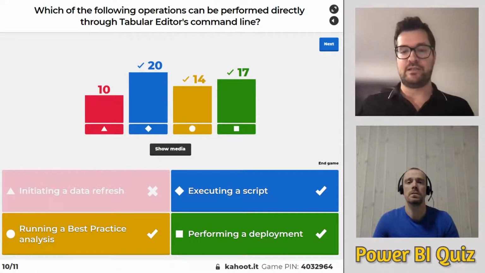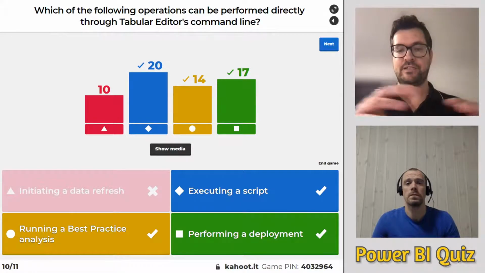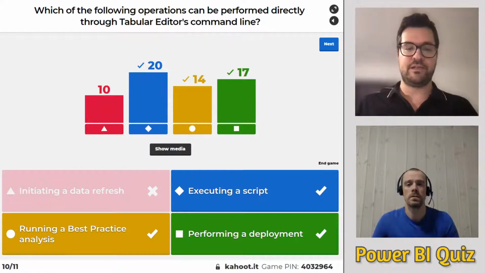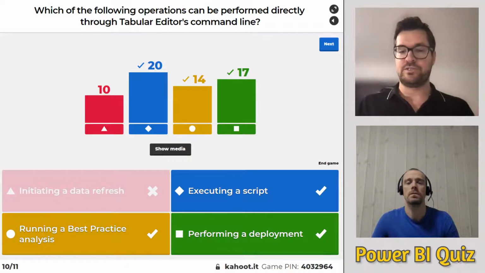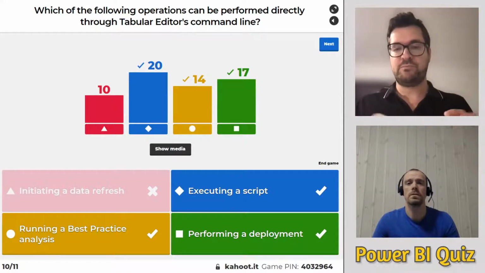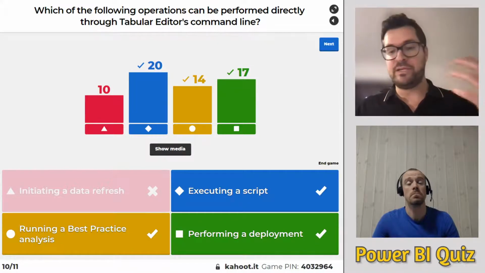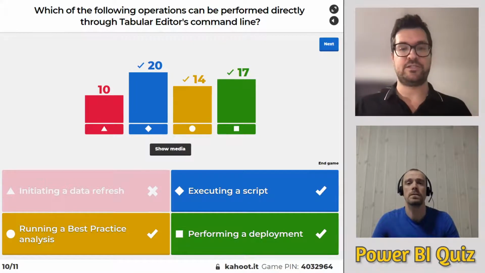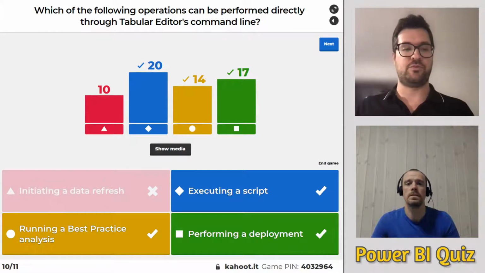So the simple example is that if you have the model.bim file, or even better, if you have the metadata saved as a folder structure in a version control repository in Git or something like that, then you can use this continuous integration server to pick up the source code with Tabular Editor, run some script, perhaps to change a connection string on a data source, run a best practice analysis, which is another feature of Tabular Editor to make sure that things are looking good inside the model metadata itself, and then finally deploy that model to the Power BI Premium endpoint or to analysis services or whatever.